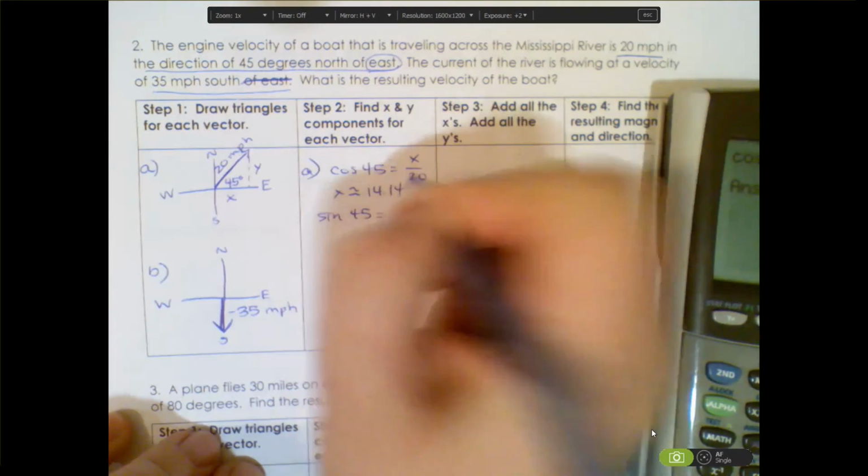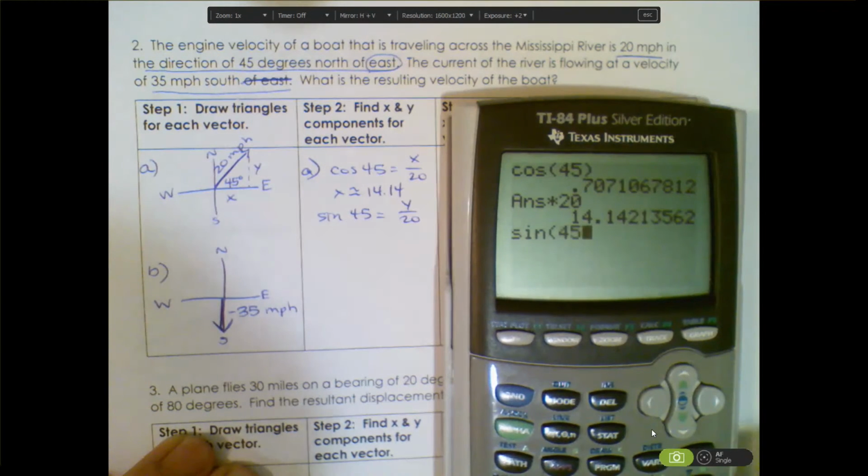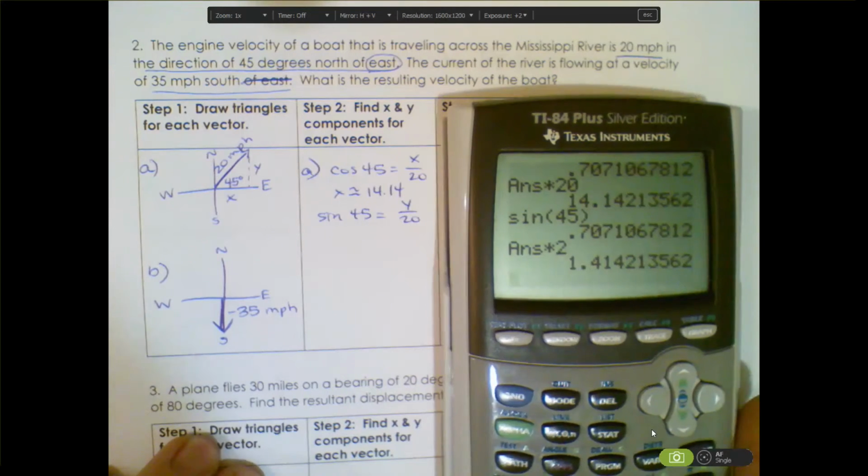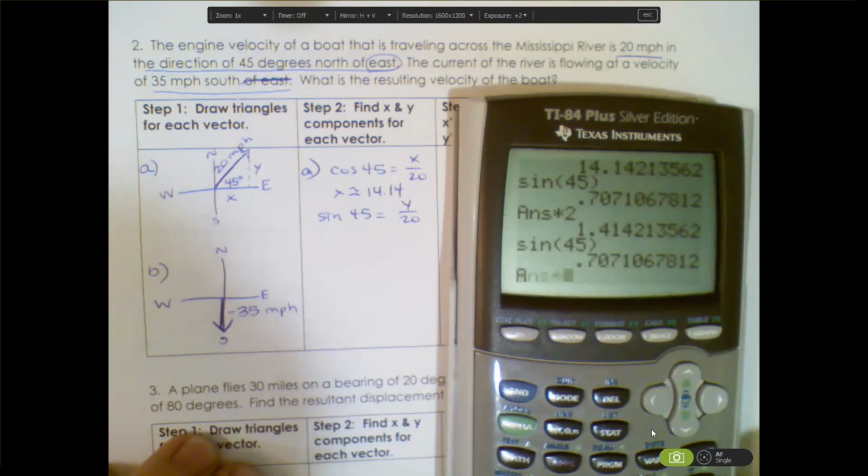Okay, the sine of 45 times 20. Of course it's going to be the same because, wait. Yep, it should be the same. I didn't multiply by 20, so that's my problem. Sine 45 times 20.